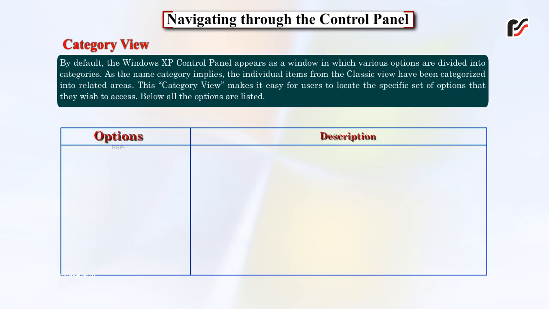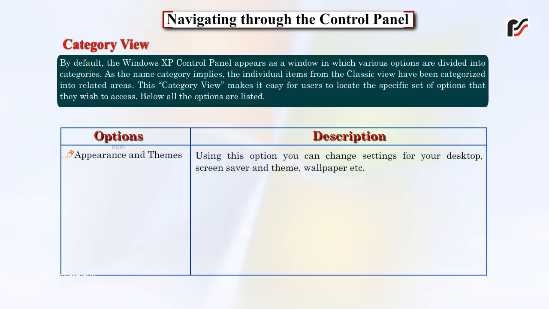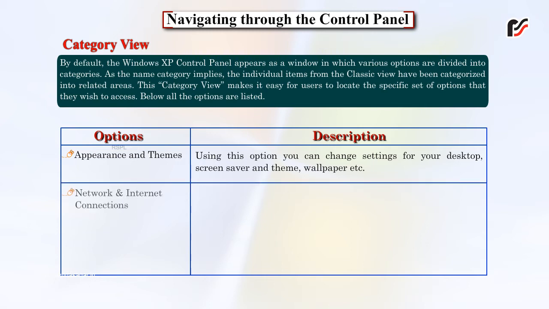Options. Description. Appearance and themes. Using this option, you can change settings for your desktop, screensaver and theme, wallpaper, etc. Network and Internet connections.